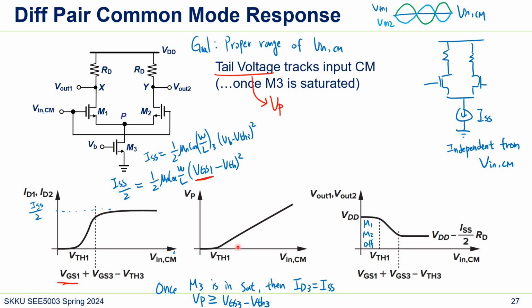You may wonder what happens if we increase V in CM further. Will VGS increase too much, so that the current through M1 increases?